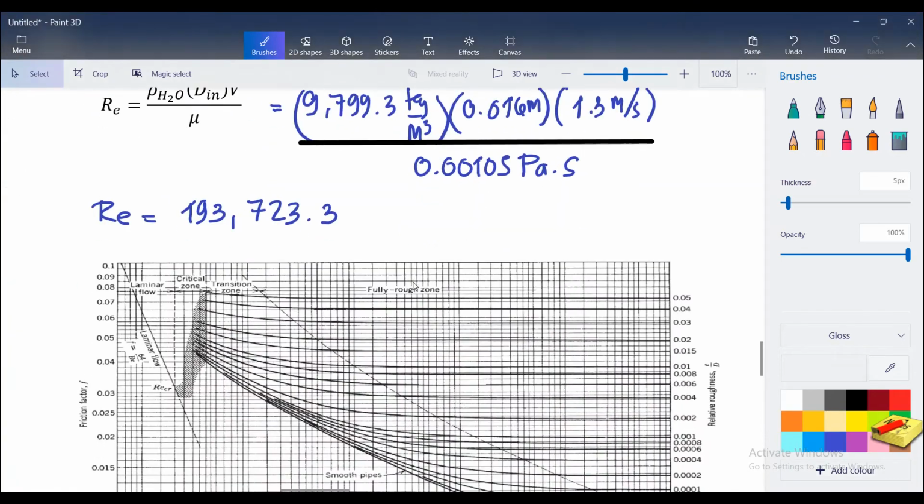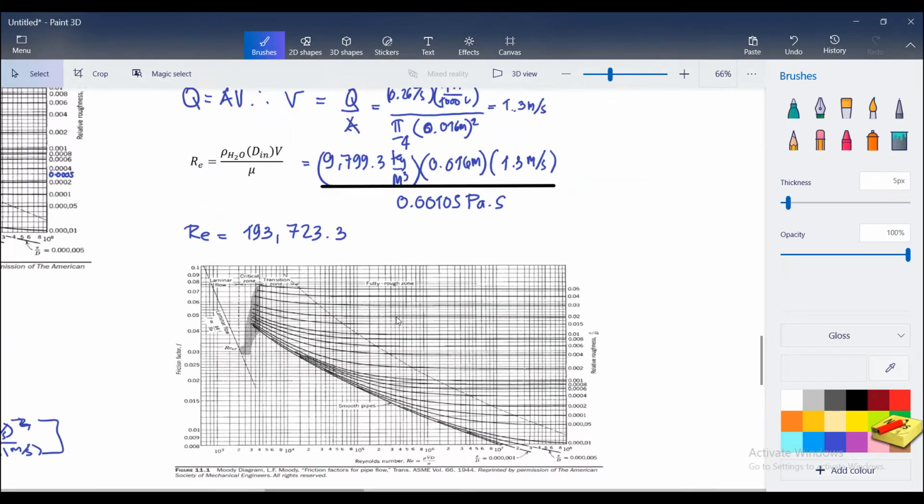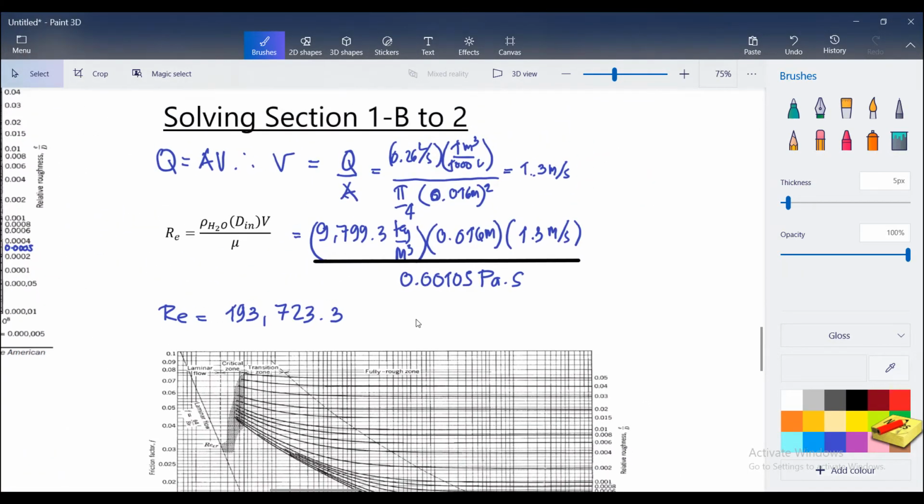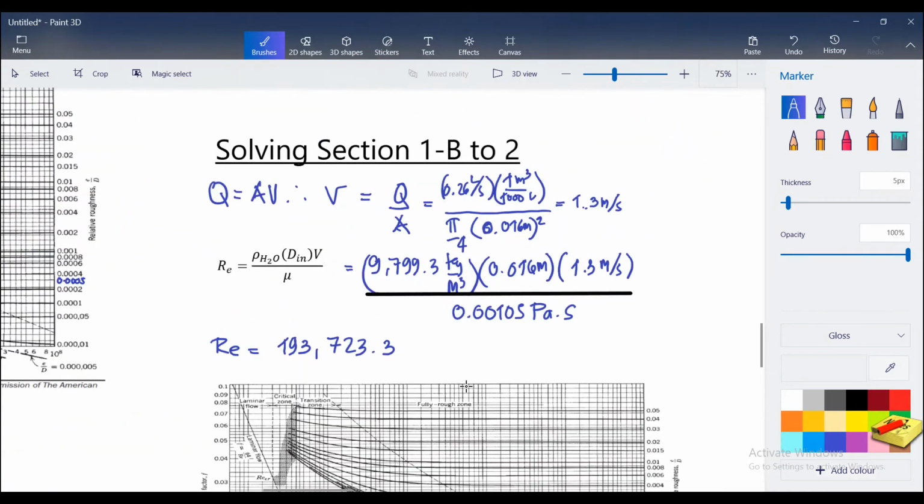So let's compute pa pala yung relative roughness since the diameter of the pipe changes. So let's compute the relative roughness. Okay, let's see. Lagay na natin ito. Relative roughness, so that will be yung E divided by the diameter.